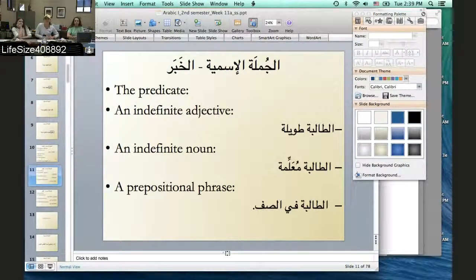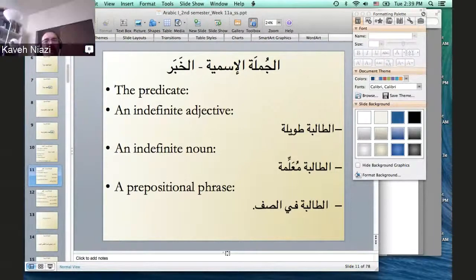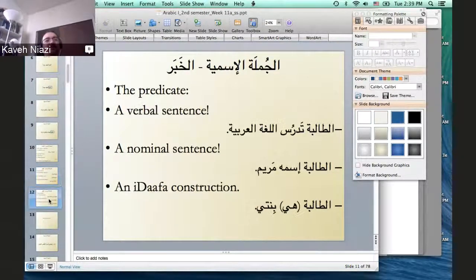The student is in the class. Excellent. So these are all different forms of your predicate. Okay? But wait, there's more. Your predicate can actually be a verbal sentence. So who wants to read this sentence here, the first of these examples?